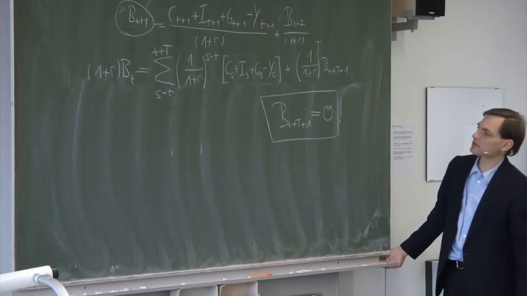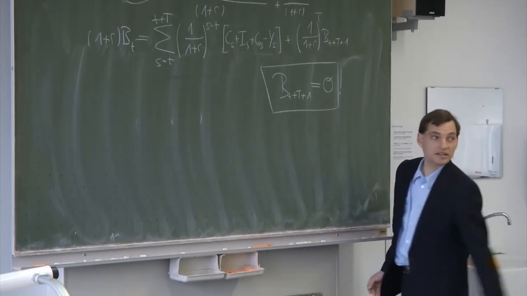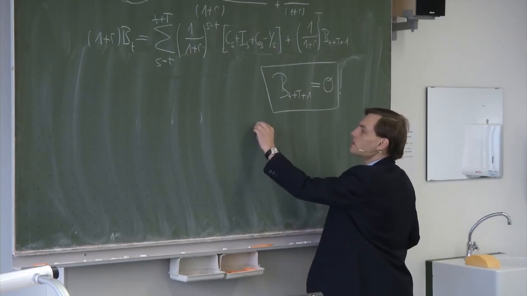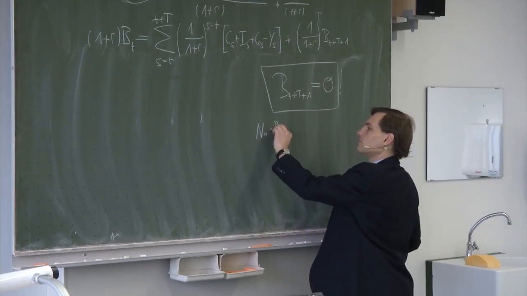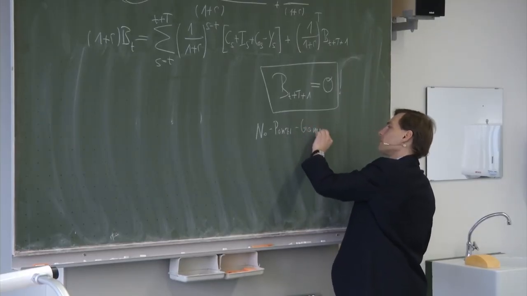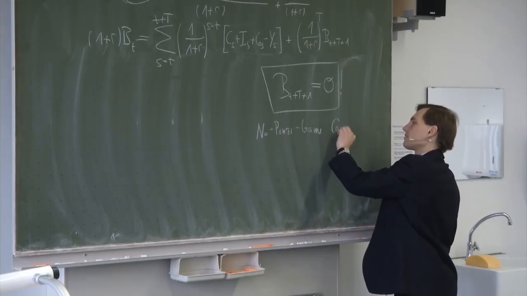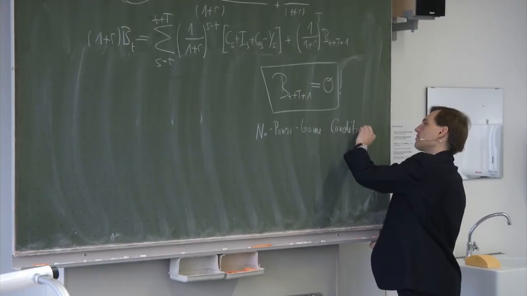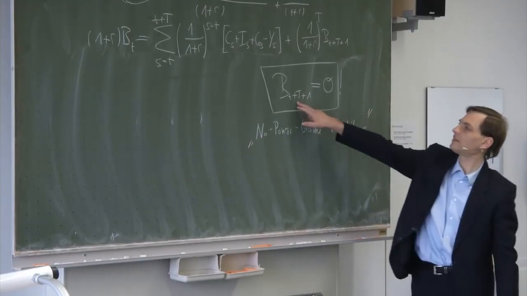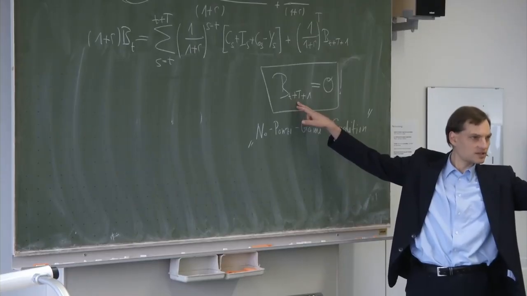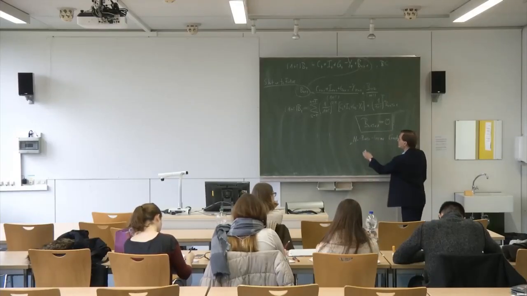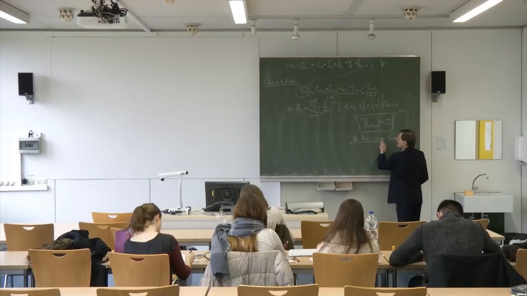I will explain this to you next, and this has a special name. Let me first tell you the name. This is called the no Ponzi game condition. So this assumption says that this final net foreign asset term, the net debt I have, is 0. And we call this the no Ponzi game condition.